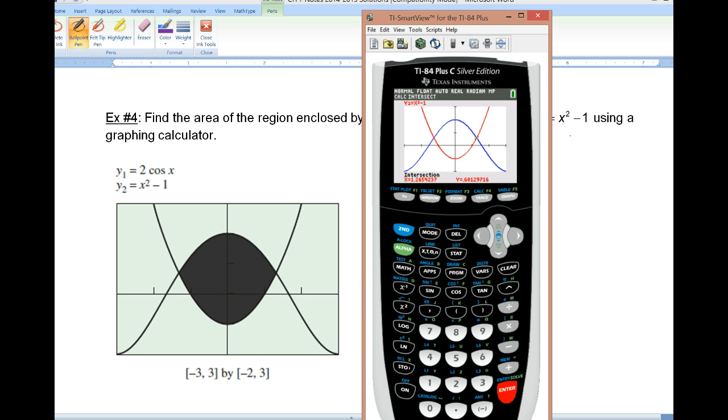We do second Calc, intersection, number 5. What is the point that we really need? We don't really care about the y coordinate, we just care about the x coordinate. You could write down both points. Let's make sure we go to 3 decimal places, because that's what they're always going to look for in the AP.